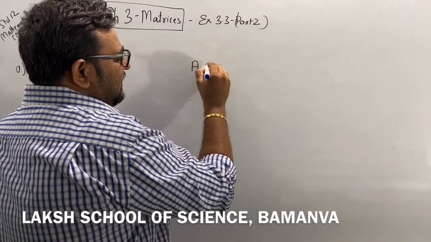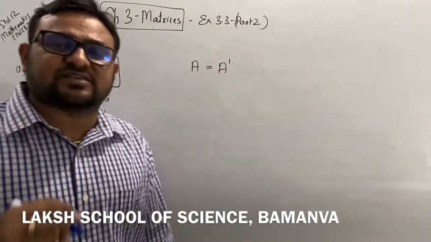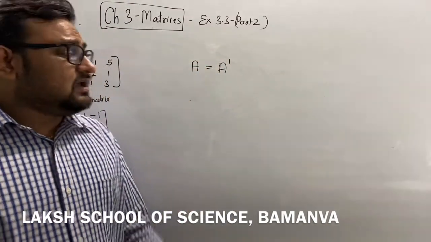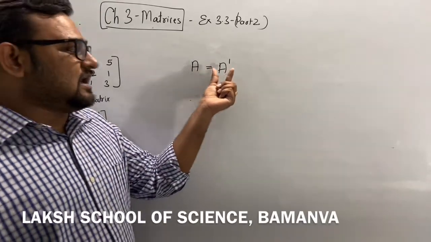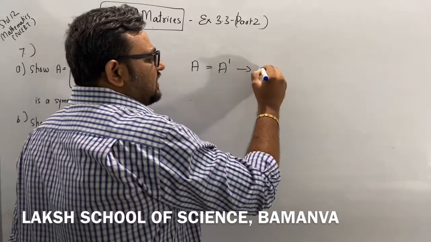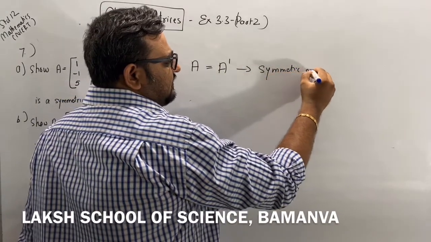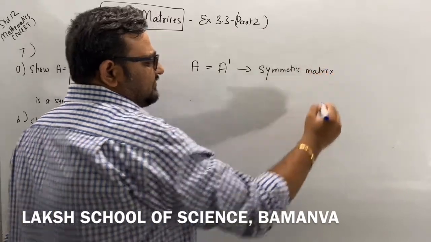If A and A transpose are both the same, meaning matrix A and the transpose of matrix A are the same, then it is called a symmetric matrix.